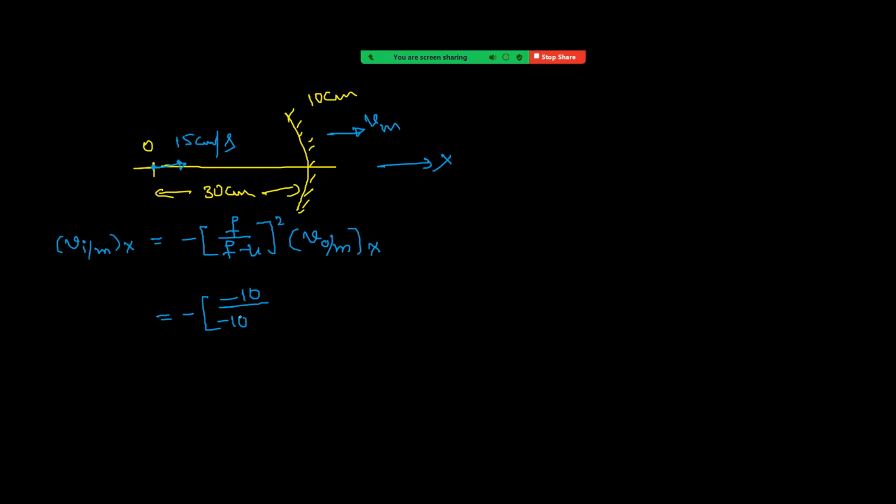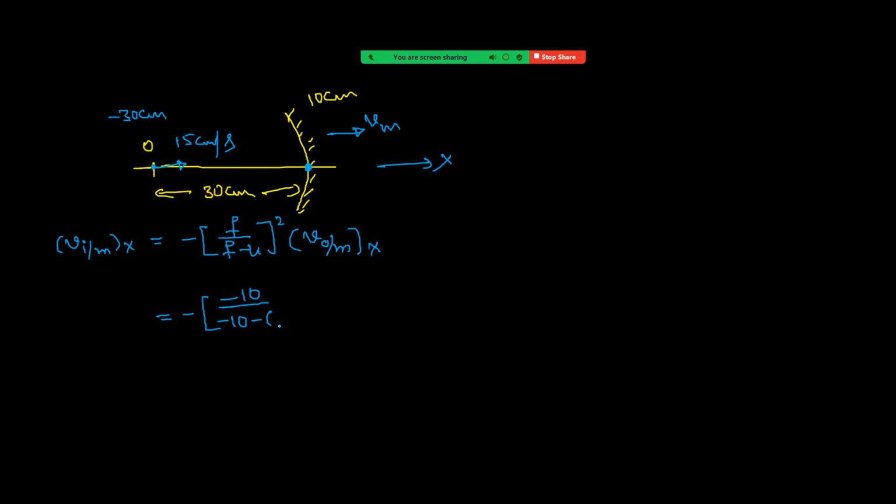Next, again minus 10, minus u. You are given distance. Distance is now 30 centimeter. Then the u coordinate will be minus 30. Coordinate of object is minus 30, because this is the origin and the distance of the object is 30.